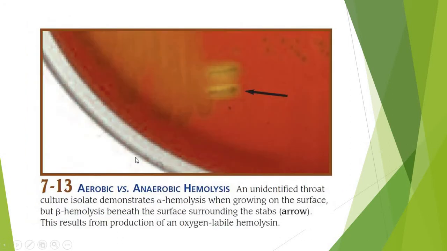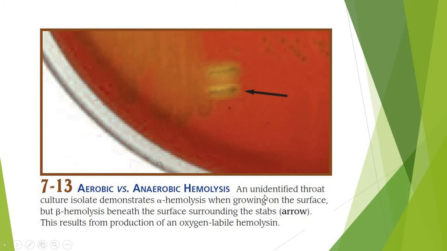What is the difference between aerobic and anaerobic hemolysis? As you can see in this Petri plate, aerobically there is less breakdown of red blood cells, or no proper breakdown, but in anaerobic condition, by the stabbing, there is complete destruction of red blood cells as well as hemoglobin.